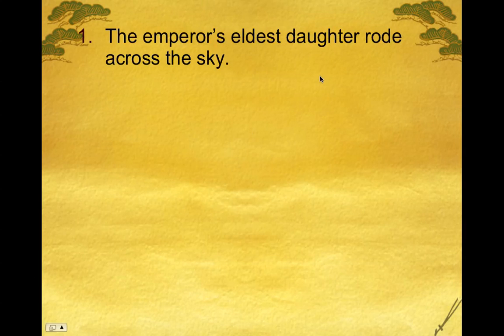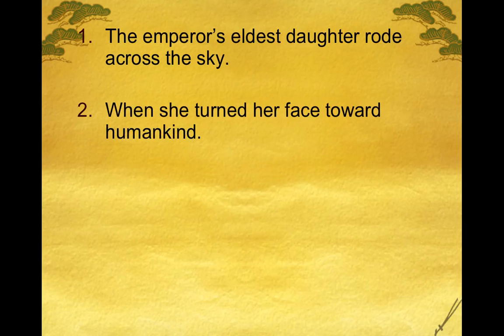On the next slide, let's do some examples together. The emperor's oldest daughter rode across the sky. Is this an independent clause or a dependent clause? In your notebook, please write down number 1 and write down IC for independent clause or DC for dependent clause. You should have written down independent clause, right?